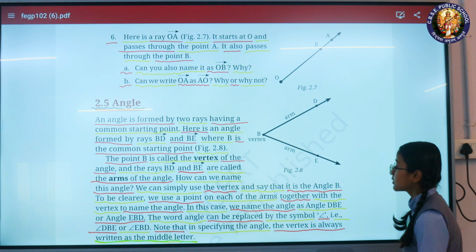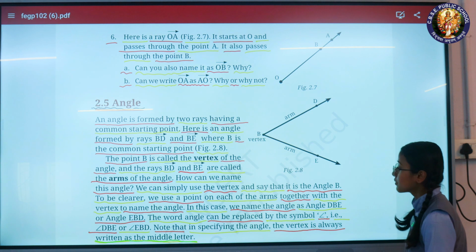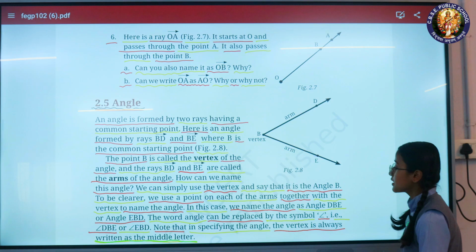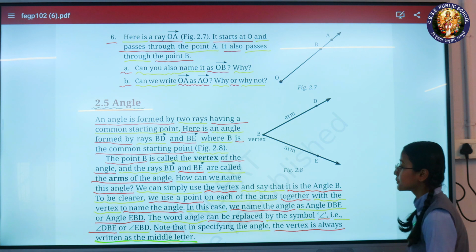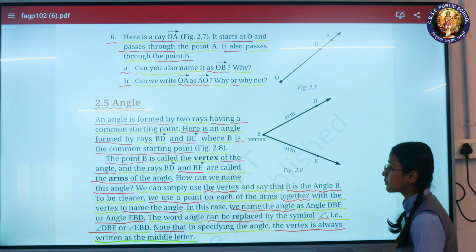In this case, we name the angle as angle DBE or angle EBD. The word angle can be replaced by the symbol angle. That is angle DBE or angle EBD.